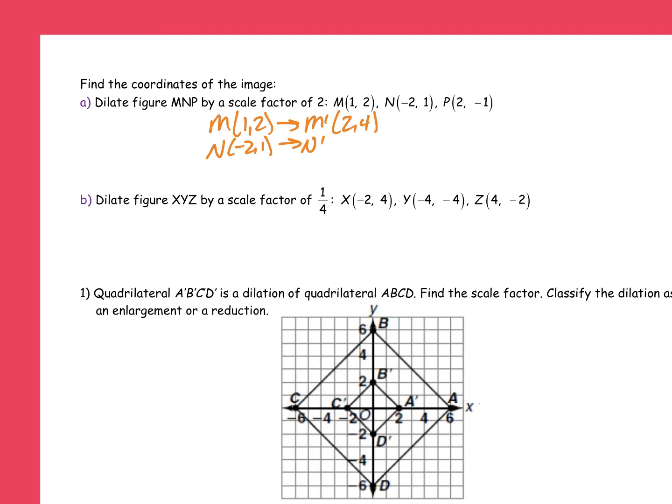Okay, so what's N in N prime? Two times negative 2. So what is that? Negative 4. Okay. And then 2 times 1 is 2. Good. It's not 8.